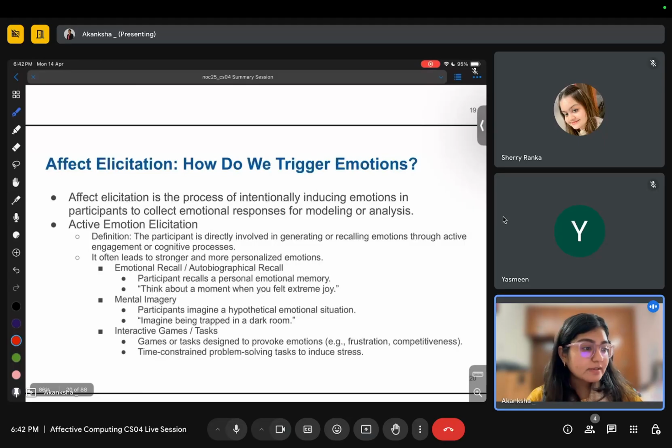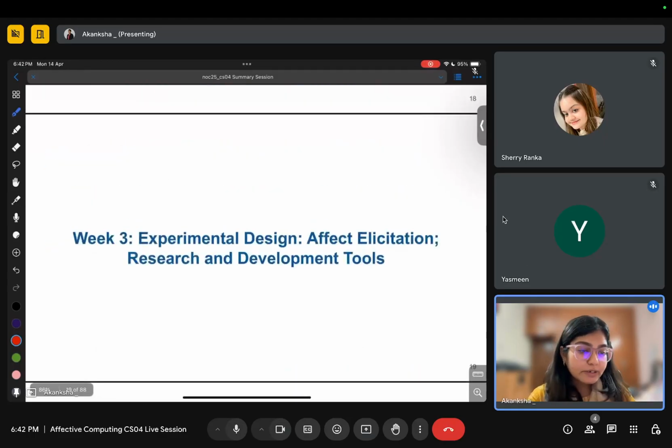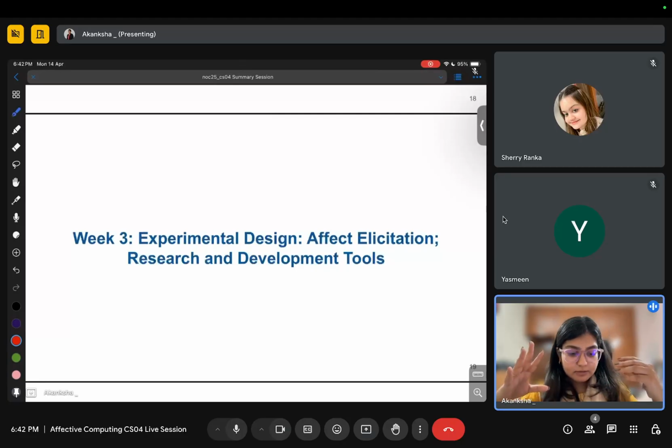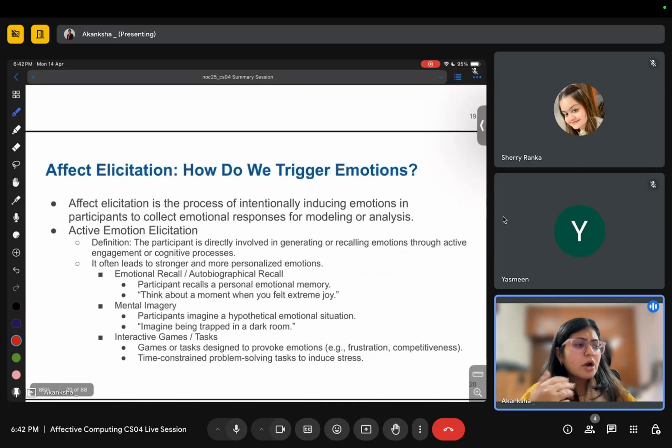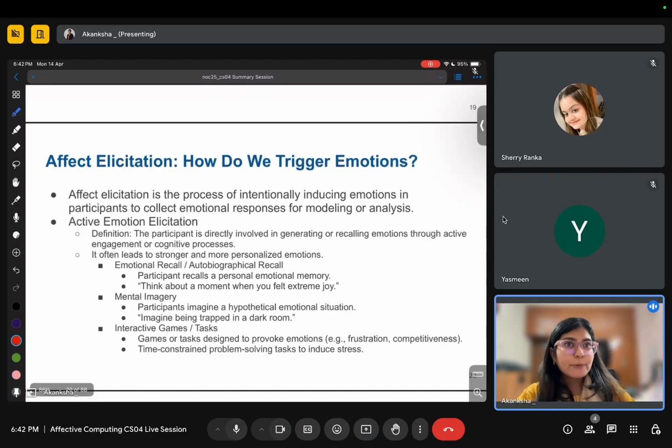Okay, so next we come to the week 3 content, which is experimental design. How do we collect this data? How do we collect the emotional data? What are the tools? What are the research development tools available, and so on? So, some important topics include the affect elicitation. How do we trigger emotions? So, there are multiple methods.